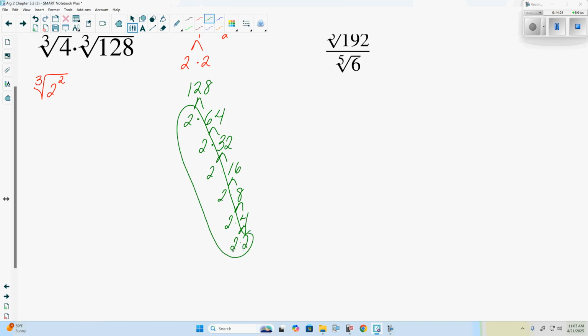So 128 is 1, 2, 3, 4, 5, 6, 7 twos. That is the same as 2 to the 7th power, because our 2 to the 7th gives us 128. So really the second part we're looking at is the cubed root of 2 to the 7th power.